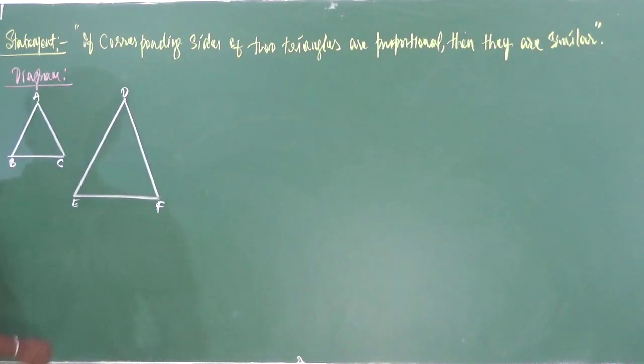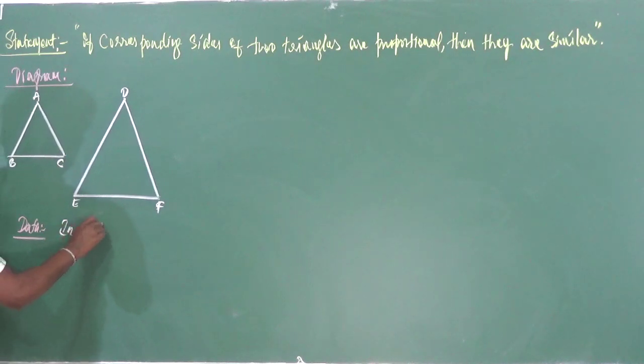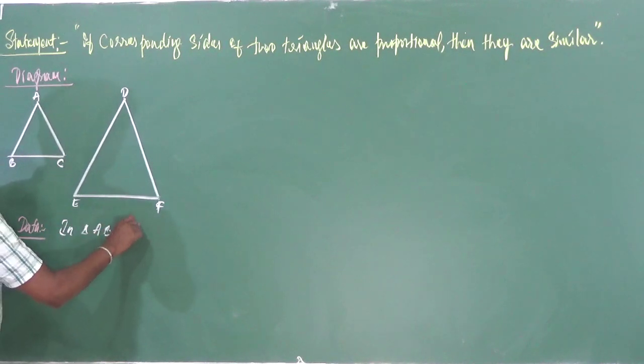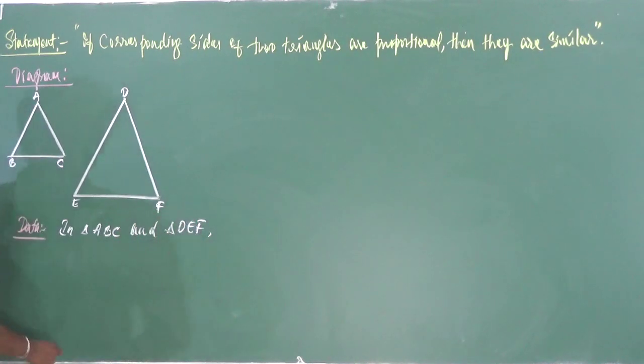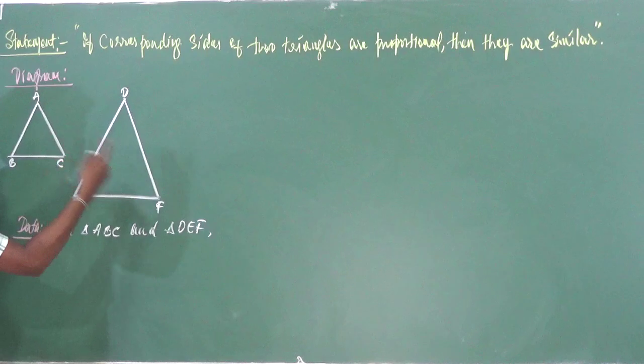So, we'll write the data here. According to the data, we have to write the name of the triangles. In triangle ABC and triangle DEF, in these two triangles, the ratio between the corresponding sides are equal, that is, the corresponding sides are proportional.